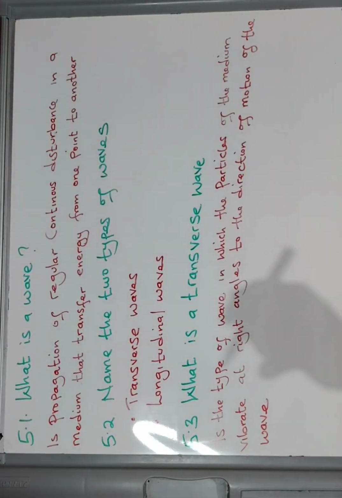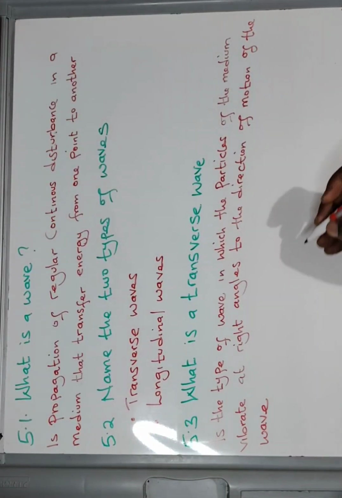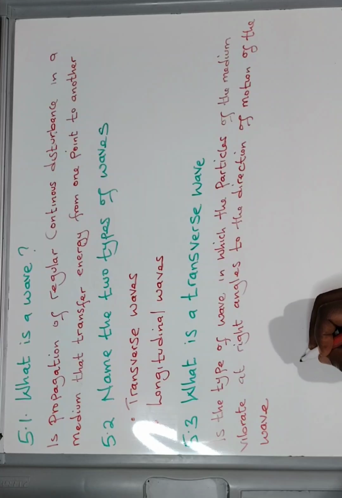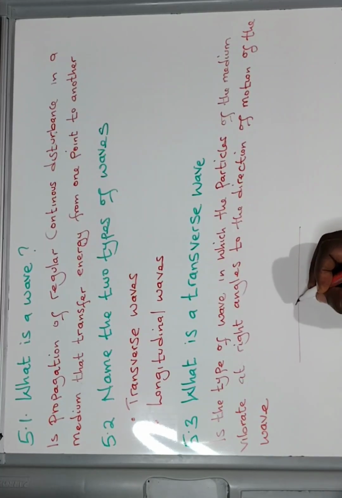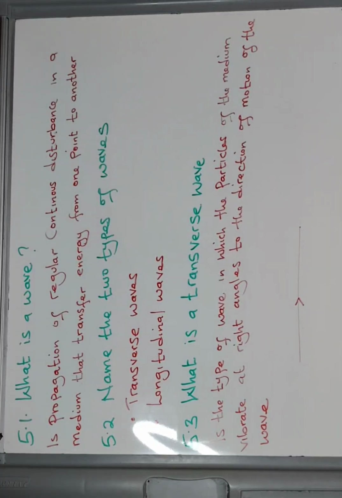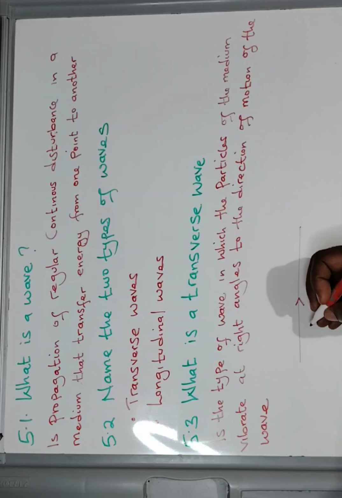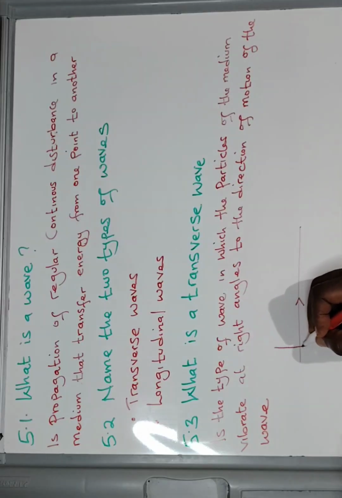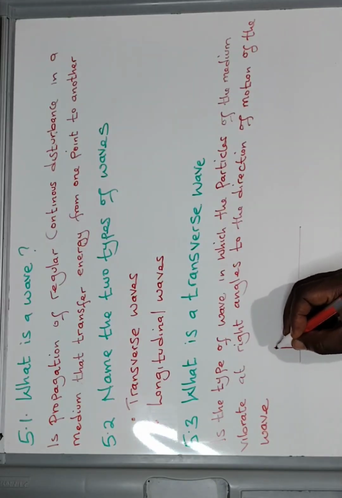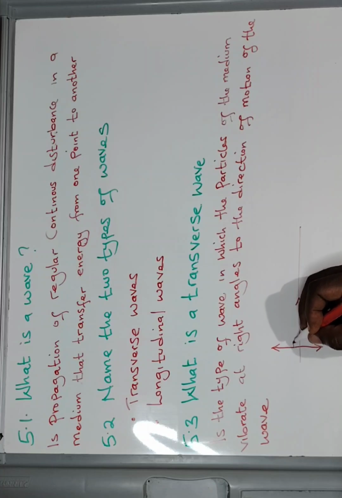This is the implication that if you have this one as our direction of travel of the wave, which we call the direction of propagation of the wave, it means that for the transverse wave, the particles in the medium are vibrating at 90 degrees to this direction.